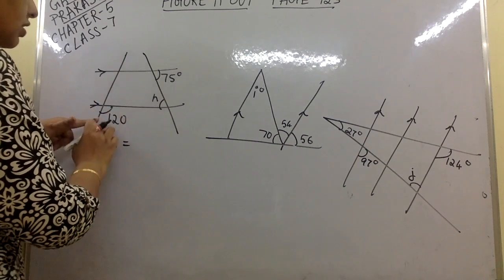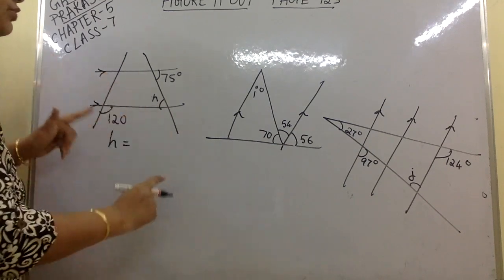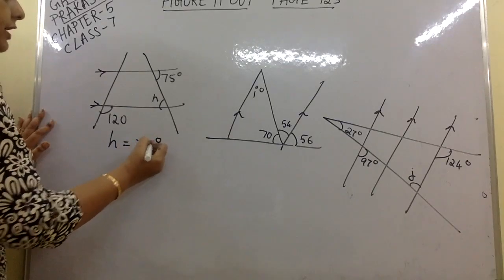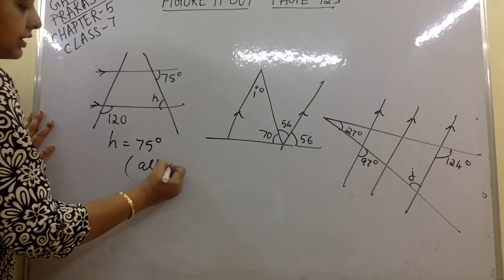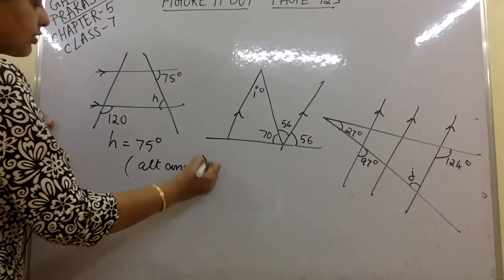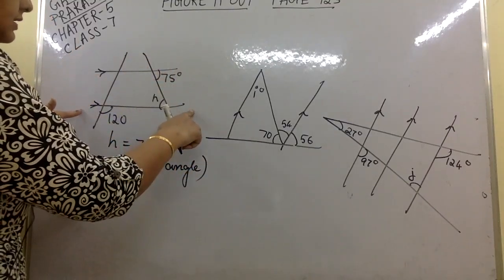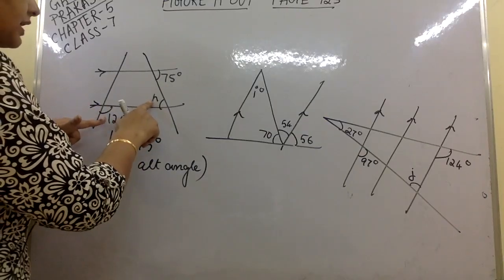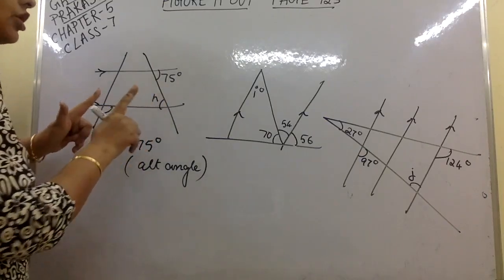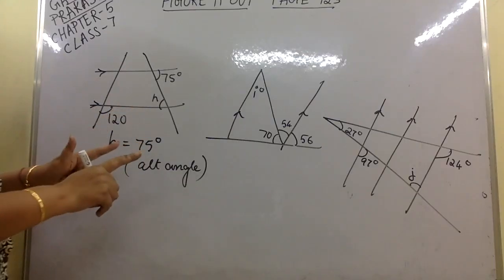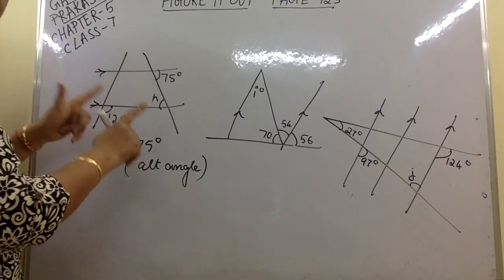So H is not equal to 120. They have given it so that you write the wrong answer. So this is 75 degrees, which is alternate angle. Even if these two lines are there and this has intersected, they make an alternate pair but they are not equal. Alternate pairs are equal only for parallel lines.